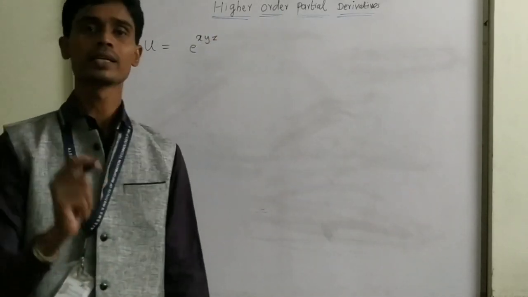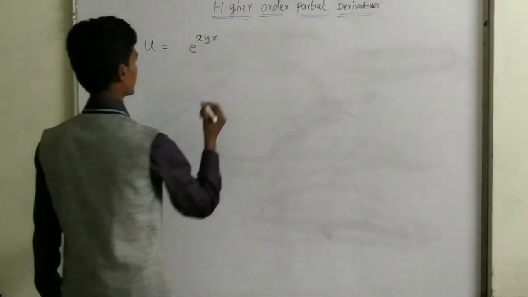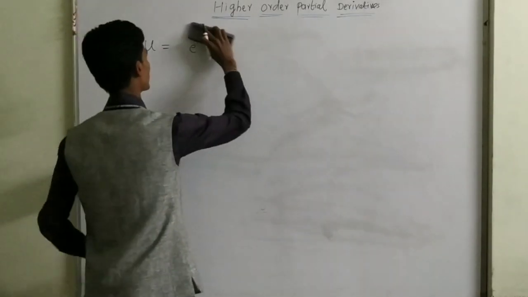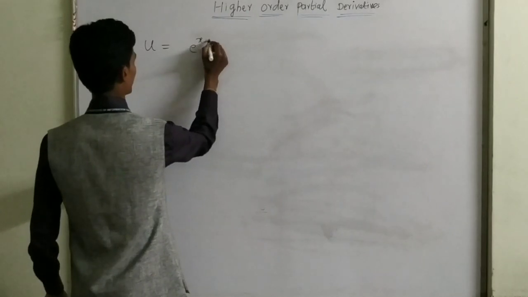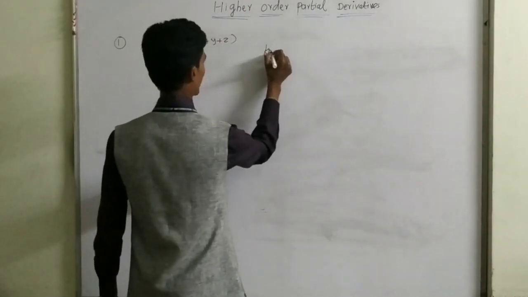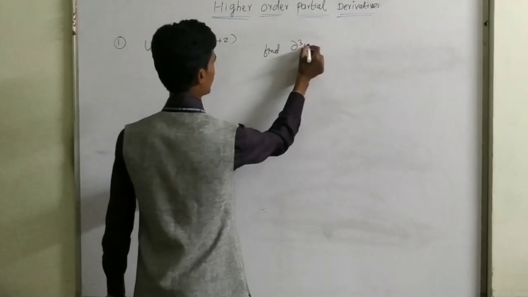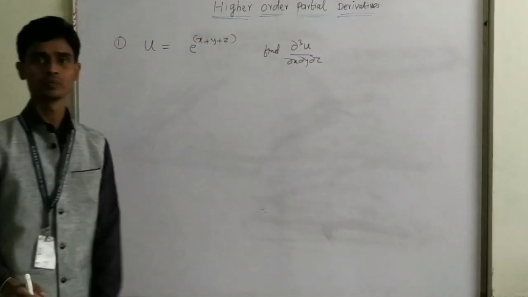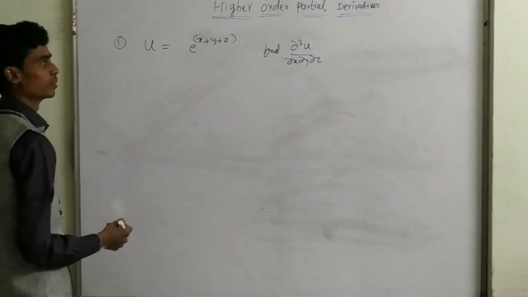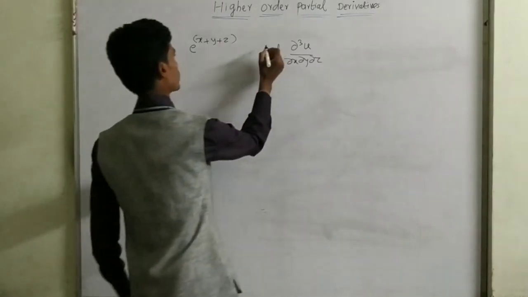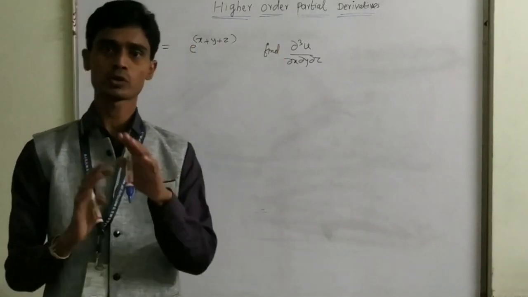Or not x y z, I am taking here it will become lengthy, so I am taking simple, it is x plus y plus z, and question is find ∂³u/∂x∂y∂z, or changing the order, no problem, change anything, forget this thing. So you have to find out this. It is a very simple question, just focus on it.